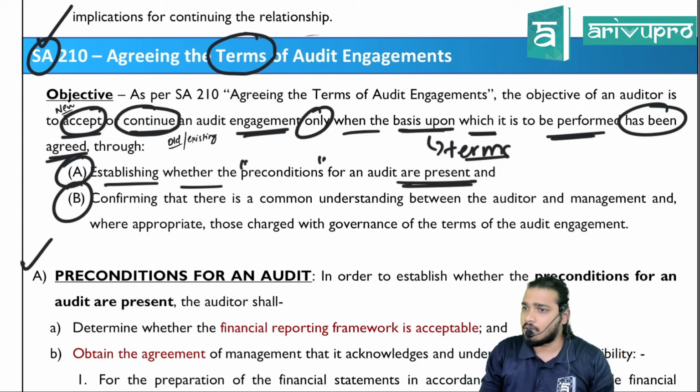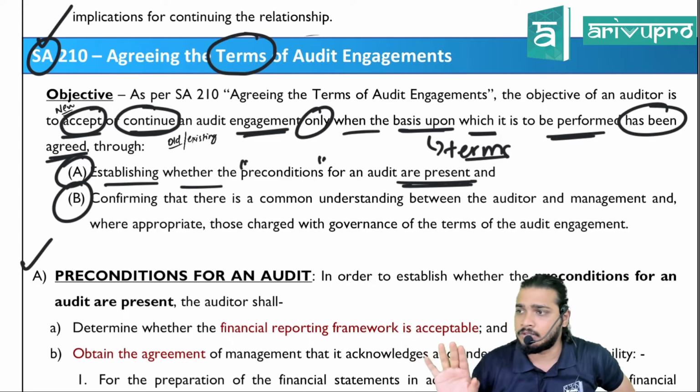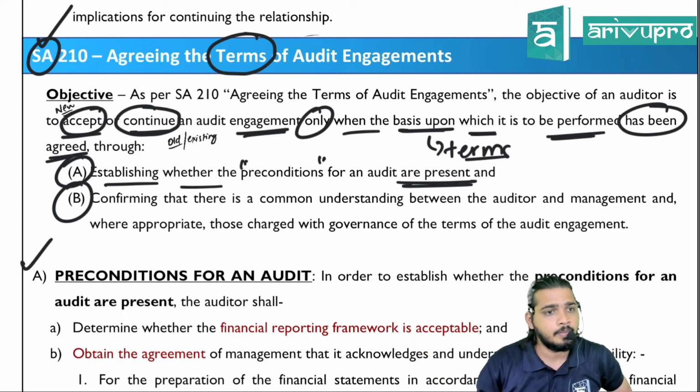Before we start our audit, whether it is the first time or continuing, we should evaluate, are there preconditions? Before we start, there are certain conditions. Only if it is ready, I will accept it or I will continue. Otherwise, I will not accept nor continue.